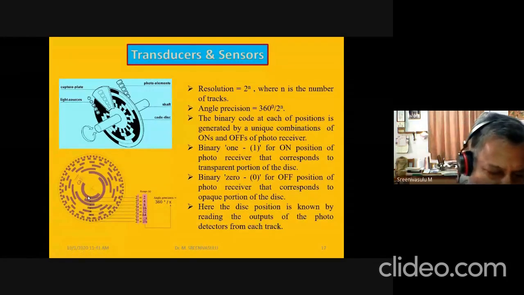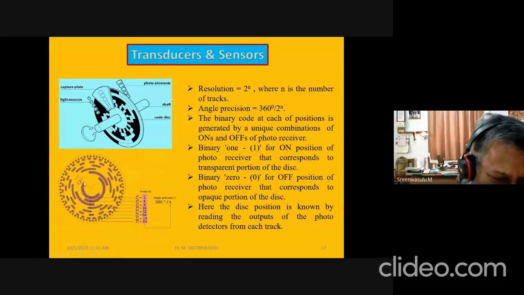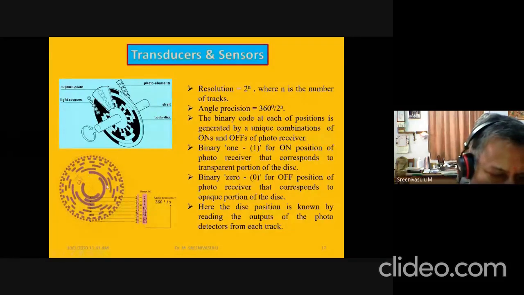Why has that been kept like this? Let us see how it has been done. This has been labeled as 2 power 1, then the next one 2 power 2, the next one 2 power 3, the next one 2 power 4.